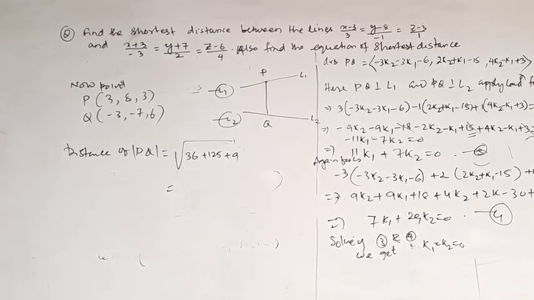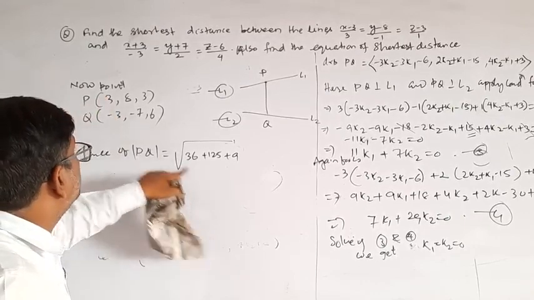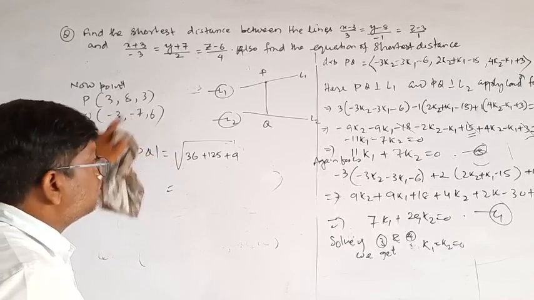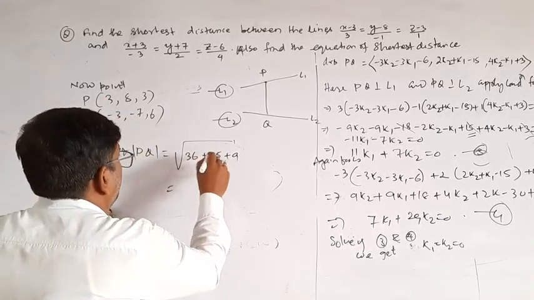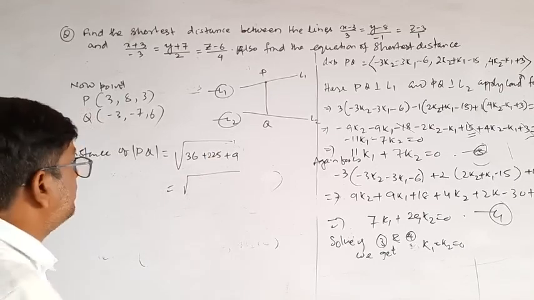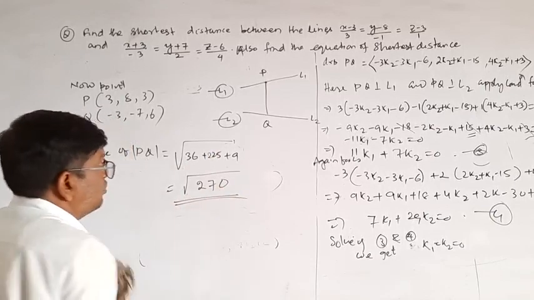This is 36, 225 and 9, so 270, that is 3 root 30. This is the shortest distance.